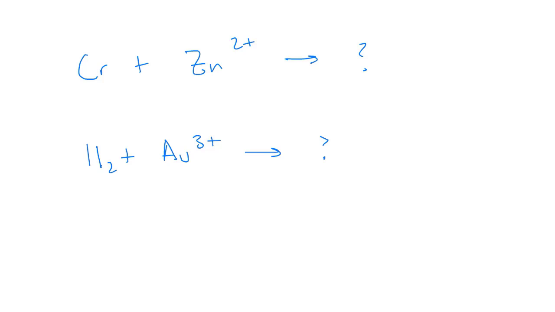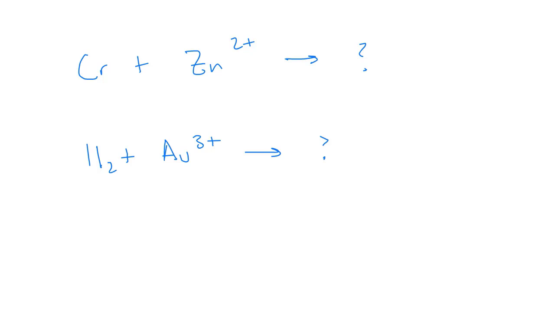Will a reaction occur? Yeah, exactly. A reaction will occur. Hydrogen is higher in the activity series than gold is, and hydrogen has electrons to lose, and therefore it's going to be a redox reaction.